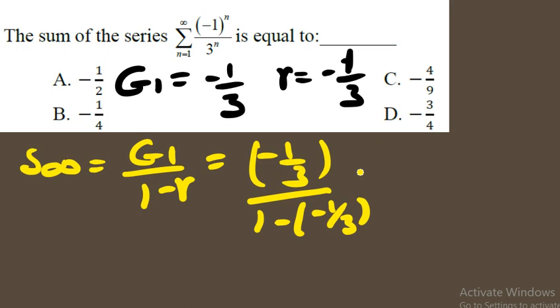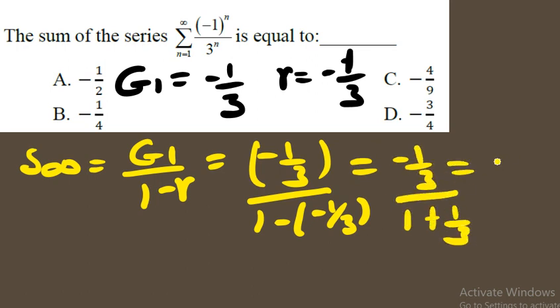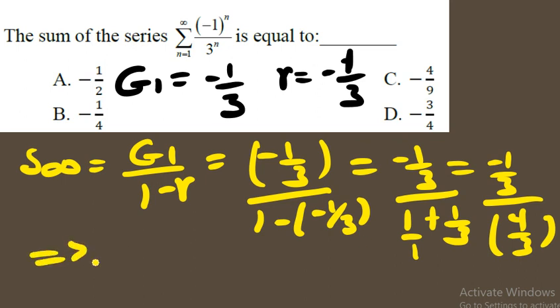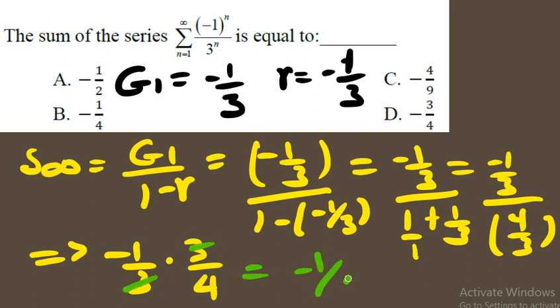This means negative 1 over 3 over 1 plus 1 over 3, which is the same as negative 1 over 3, the whole over 4 over 3. Then this is the same as negative 1 over 3 multiplied by the reciprocal 3 over 4. So 3 by 3 cancel. What is left? Negative 1 over 4 will be left. That's going to be the sum at infinity.